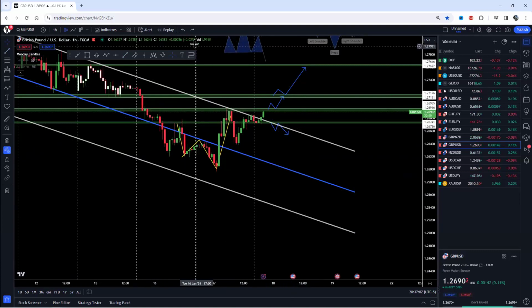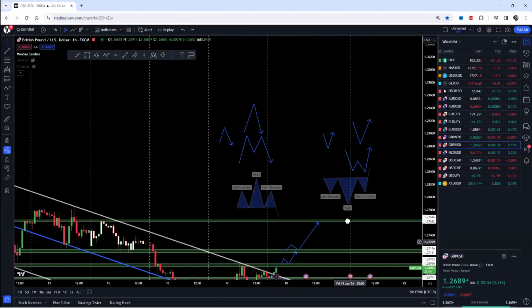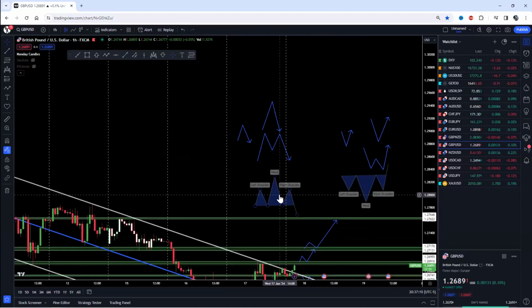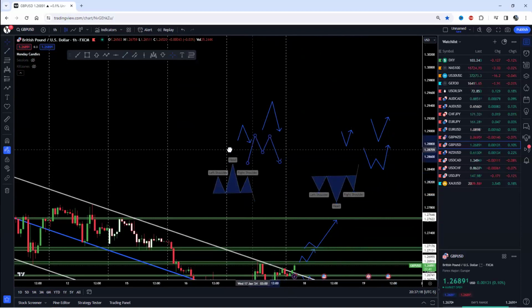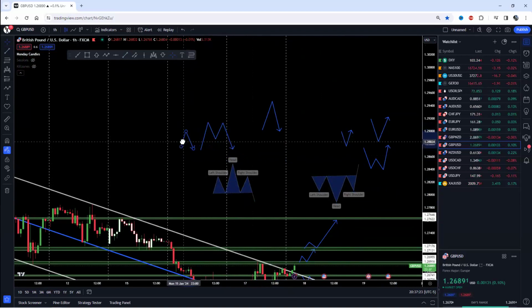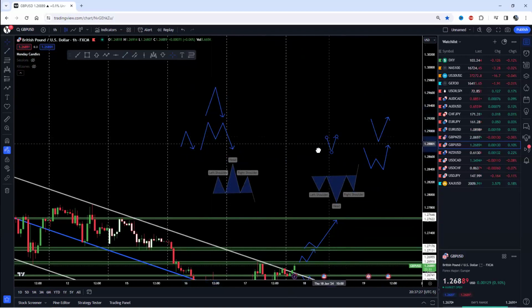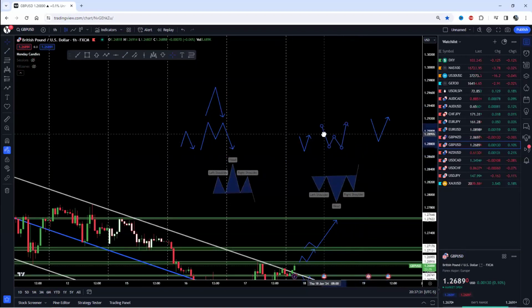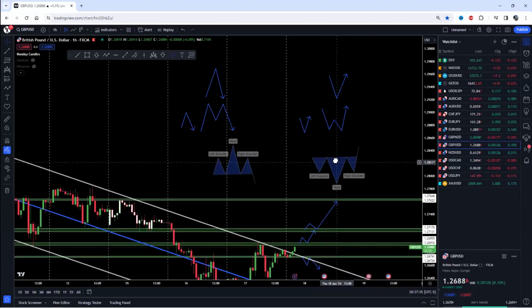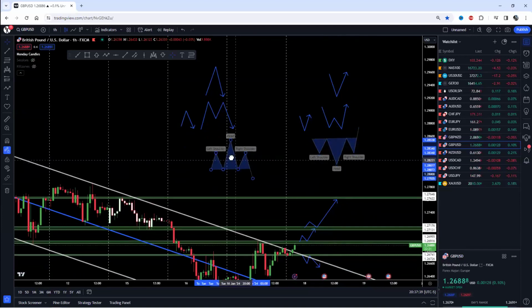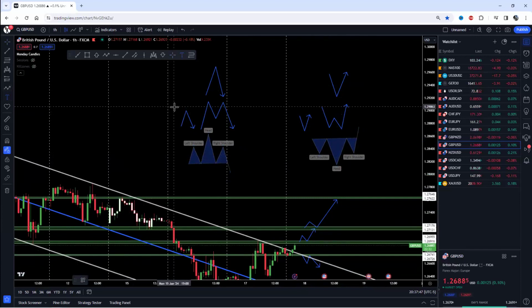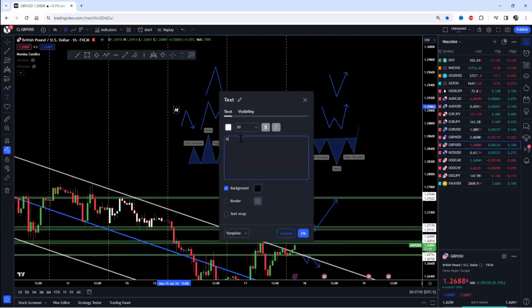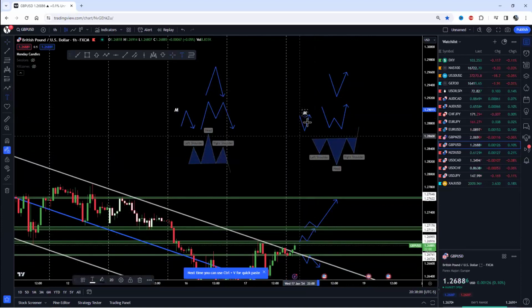What about this? Left shoulders are created on Monday.